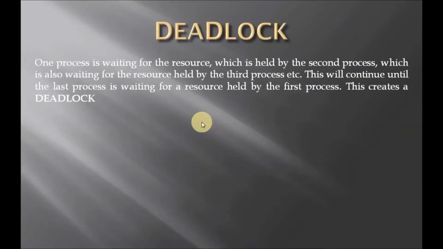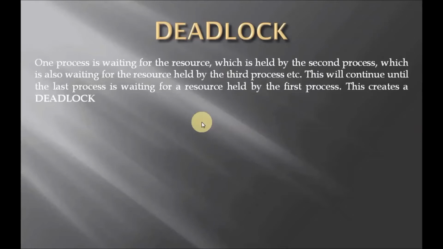when two or more processes are using the same resources, there are chances that the processes may enter into a deadlock. So now, what is a deadlock? I will explain deadlock in a very simple way. See here, suppose one process is waiting for a resource which is held by a second process.